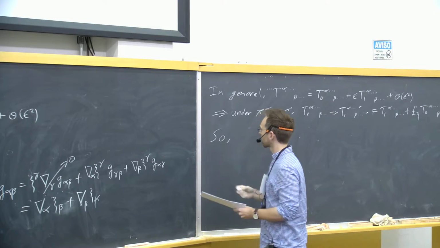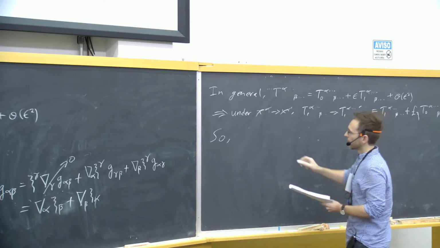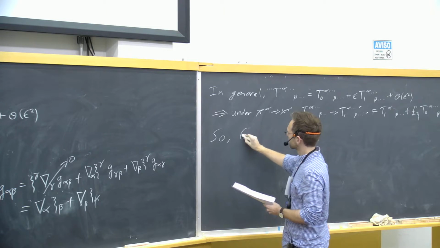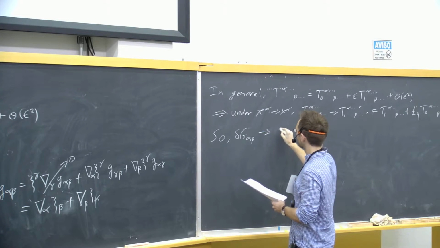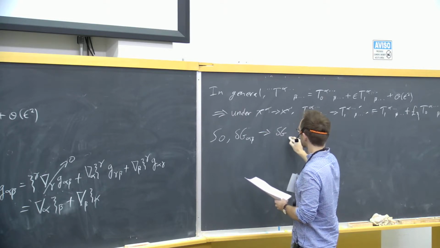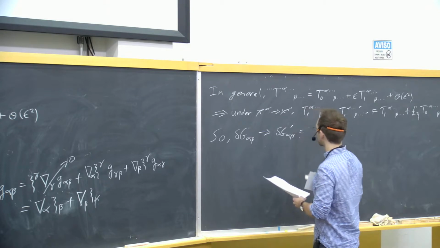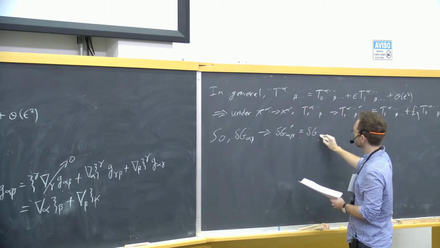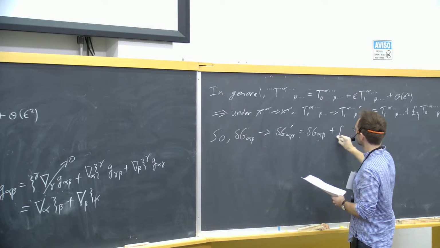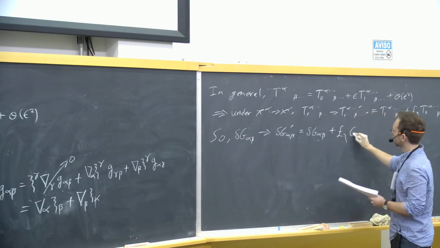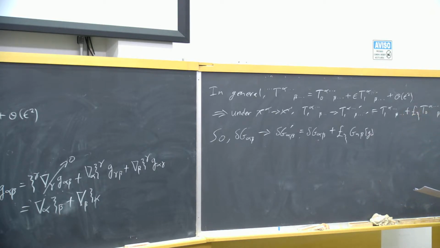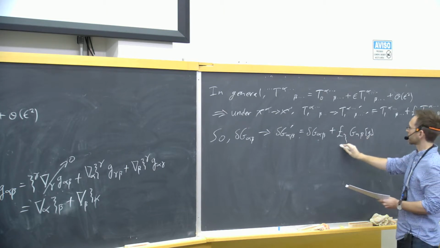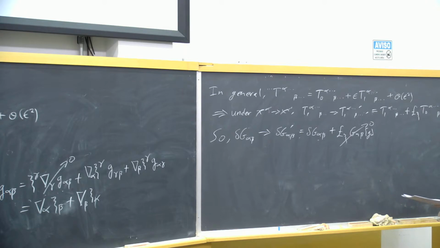So, under this transformation, the linearized Einstein tensor goes to its old value plus the Lie derivative of the background Einstein tensor, but we're specializing to vacuum backgrounds, so this term is identically 0.